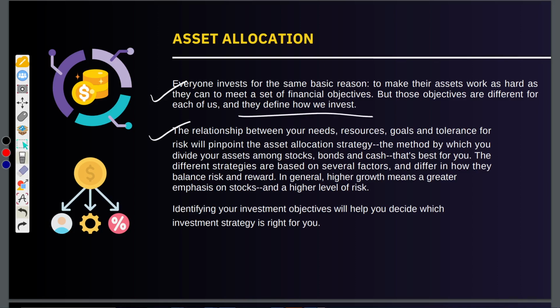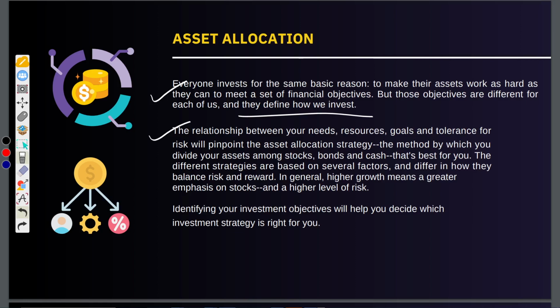All right. The relationship between your needs, resources, goals, and tolerance for risk will pinpoint the asset allocation strategy, the method by which you divide your assets among stocks, bonds, cash, and what's best for you. The different strategies are based on several factors and differ in how they balance risk and reward.